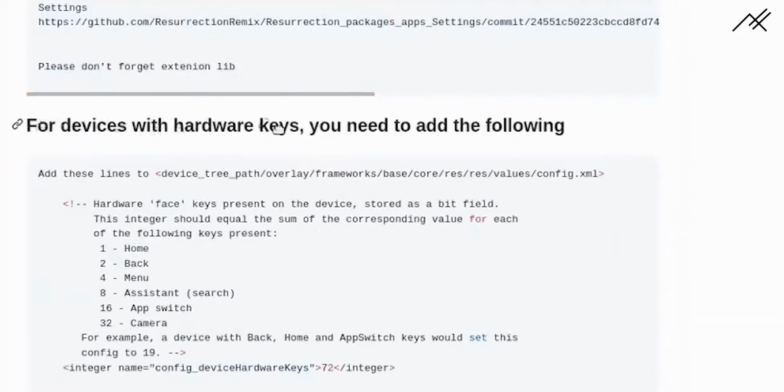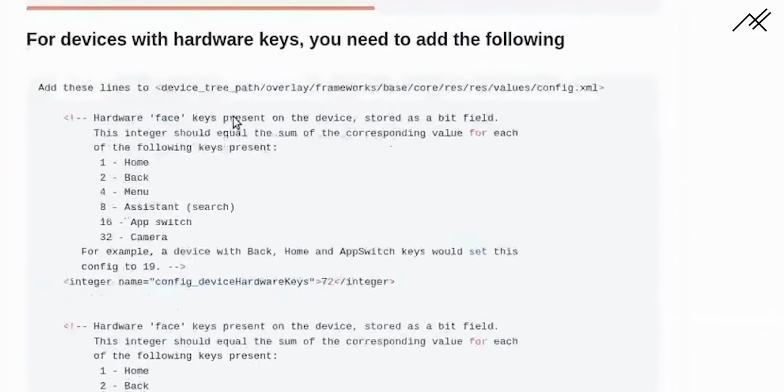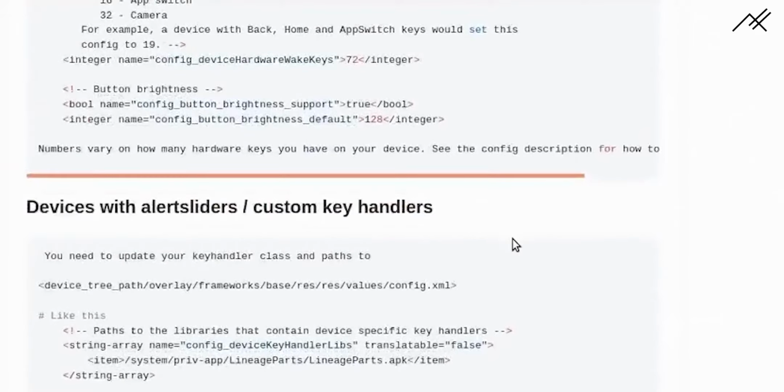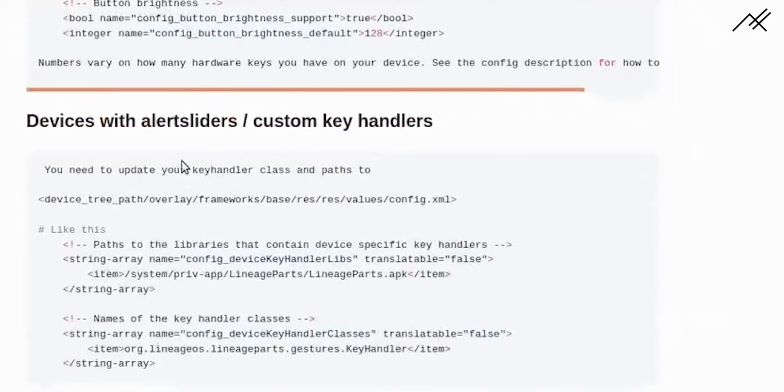Also they have added things for devices with hardware keys. You need to add the following. This is the code which we need to add in the device tree path, overlay, frameworks, base, and so on, in the config.xml file. We need to add this code to enable the hardware keys. Devices with alert slider or custom key handler, this and all are not required.